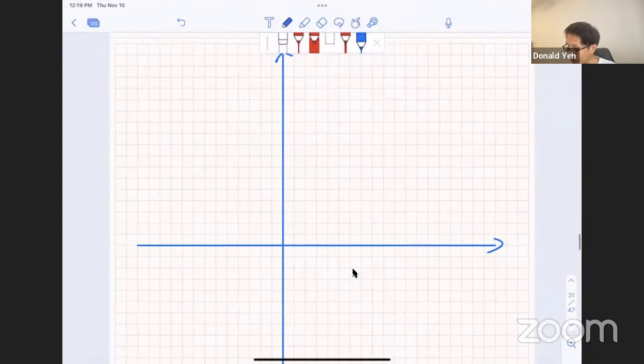So I'm going to do 0, 0, and 1, 2, 3, 4. I'm going to use (4, 0). So I'm going to plug in those points. Always do the y-intercept and x-intercept first. Are we okay so far?